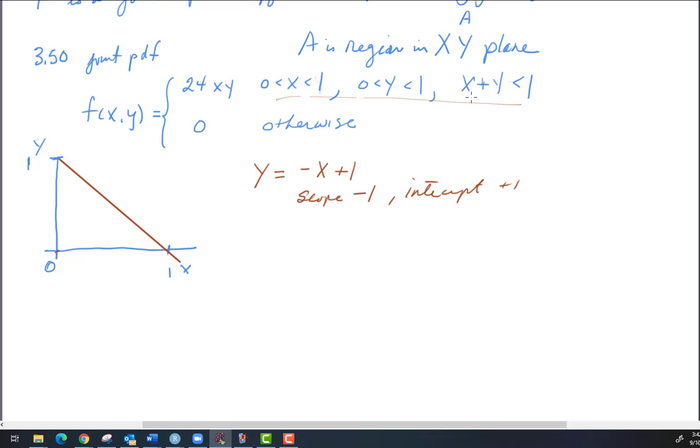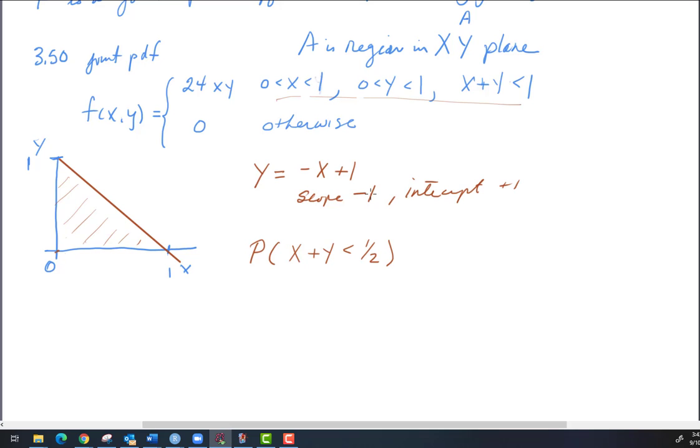Now, is 0 satisfying x plus y less than 1? Or on the other side, it'd be x plus y greater than 1. Well, 0 plus 0 is 0. That's less than 1. So I know that in fact, this is the region on which f of x, y is non-zero. All right, so we've got an idea of that now. Now let's find the probability that x plus y is less than 1/2.